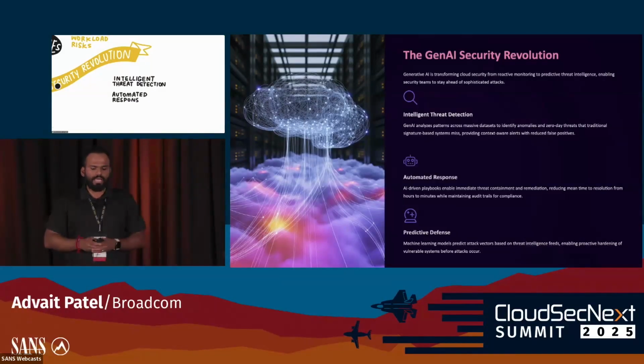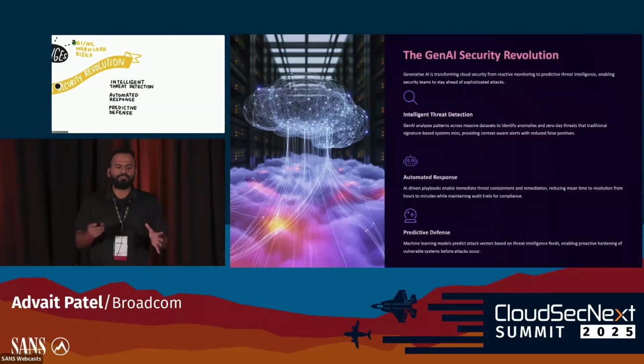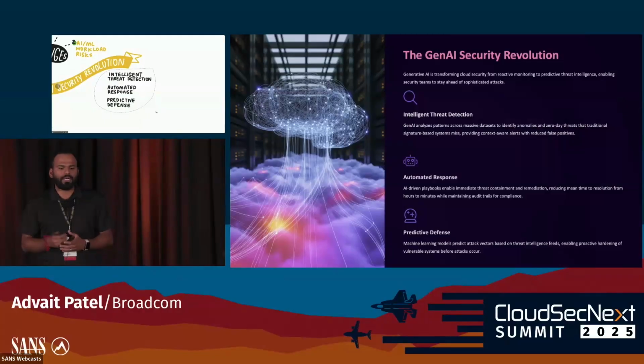So that gives us an edge against those adversarial attacks that we will talk about later. So this predictive defense enables the proactive hardening of the systems before the attack actually occurs. So that is why we need Gen AI, and that is why we need something like this, which can cope up with the pace of the industry standards, and also helps us to reduce the attack surface.